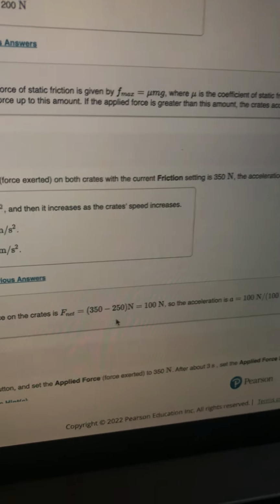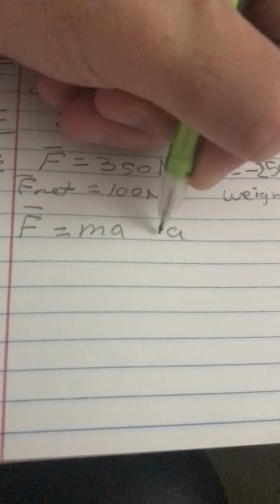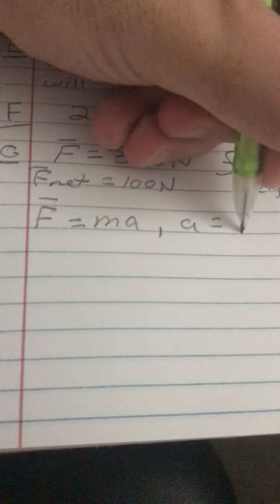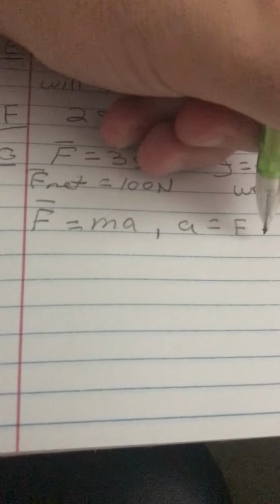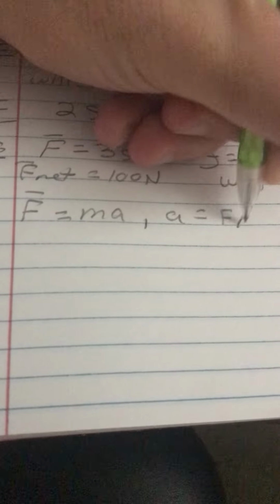And what we want to know is the acceleration. Force equals mass times acceleration, so acceleration equals force divided by mass.